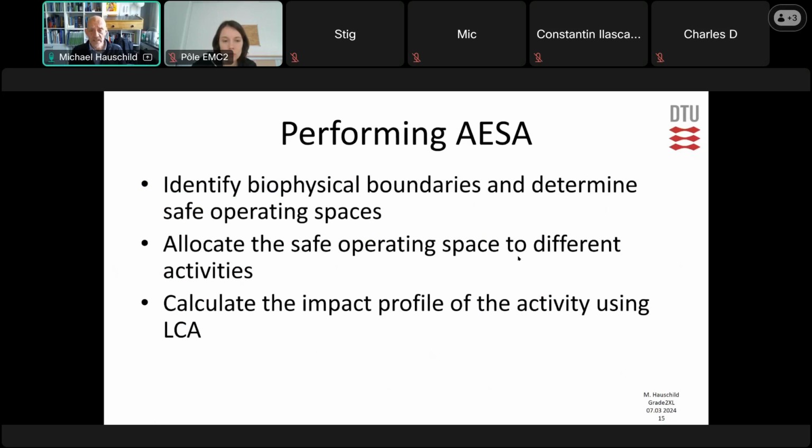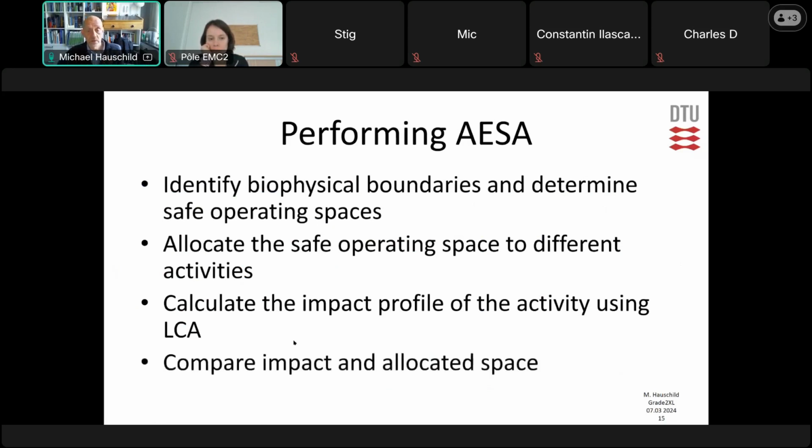And then you calculate the impact profile of your activity using life cycle assessment. So how big are the impacts actually? So now you know what's the space that it can claim, and then you can say, okay, what space does it take? And then you compare the two, the impact that it causes and the allocated space. And if the impact is larger than the allocated space, it is not sustainable. If it is smaller than the allocated space, it is sustainable, with the conditions, the assumptions that you have made during your assessment.